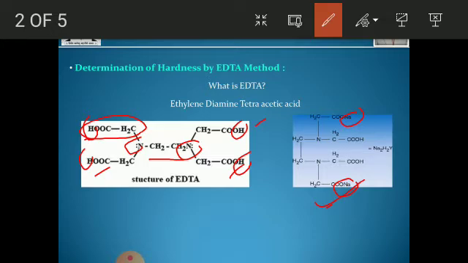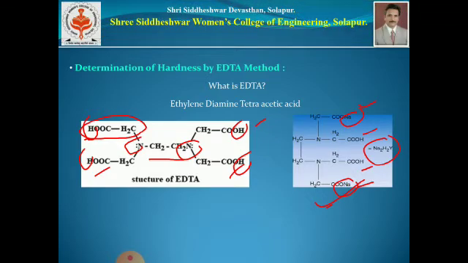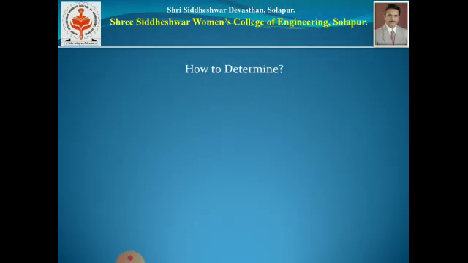This is the disodium salt of tetraacetic acid, which is readily soluble in water, and its solution is prepared of desired concentration. In short, it can be shown as Na2H2Y. Na2 means these 2 sodium, the remaining 2 hydrogens as H2, and the remaining structure of this molecule is written as Y. So this solution is used in the experiment.